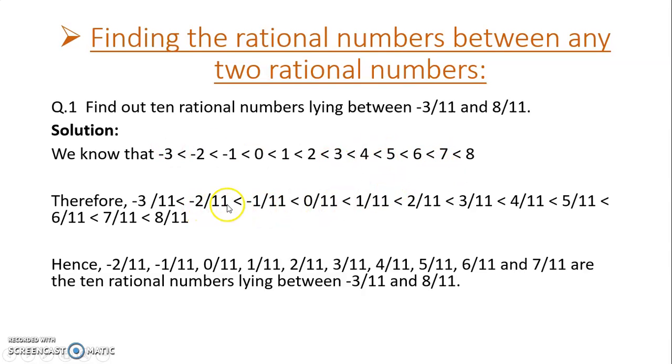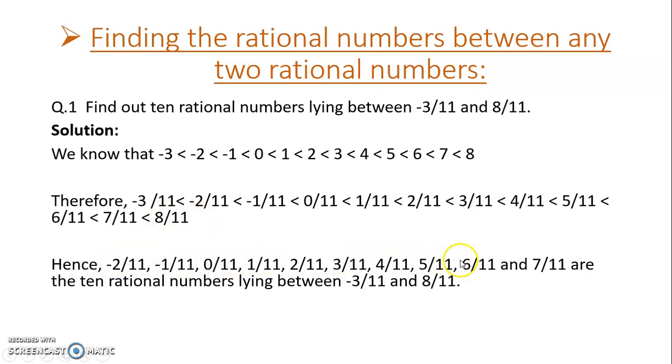So minus 2 by 11, minus 1 by 11, 0 by 11 or just 0, 1 by 11, 2 by 11, 3 by 11, 4 by 11, 5 by 11, 6 by 11 and 7 by 11. All these are the numbers that lie in between minus 3 by 11 and 8 by 11.